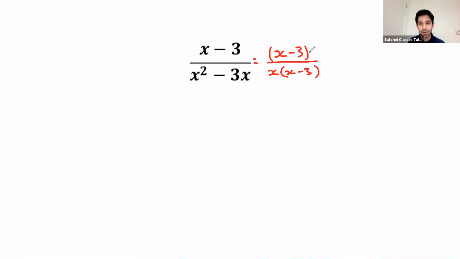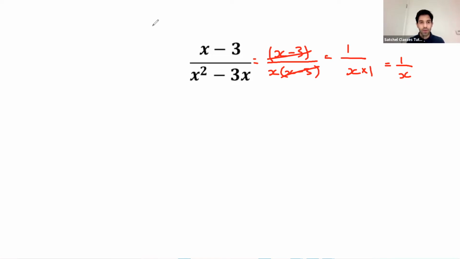So now I can cancel out x minus 3 and x minus 3. So that's going to be 1 over x. Remember, when we cancel out terms, they don't just disappear, they become a 1. So as this gets cancelled out, it becomes a 1. As this gets cancelled out, it also becomes a 1, but we're not going to write 1 over x times 1. We're simply going to write 1 over x because x times 1 is just x.